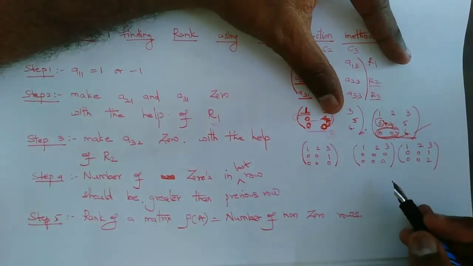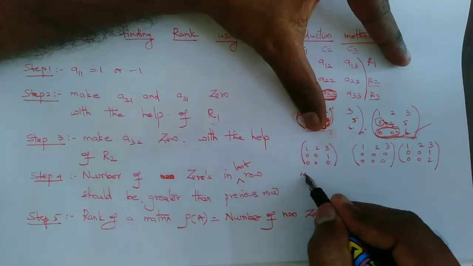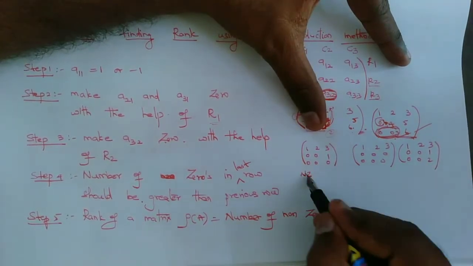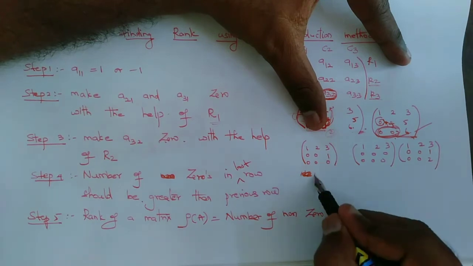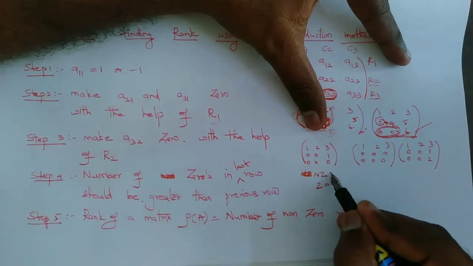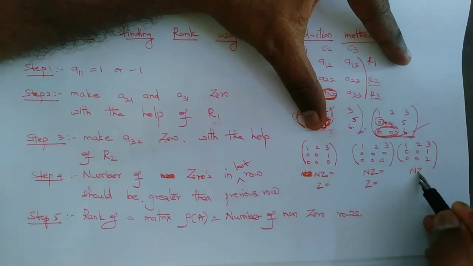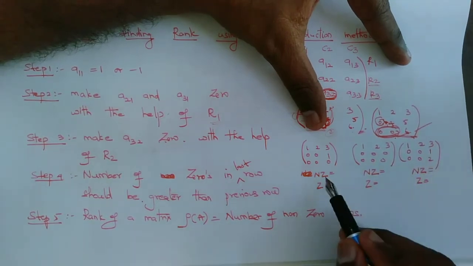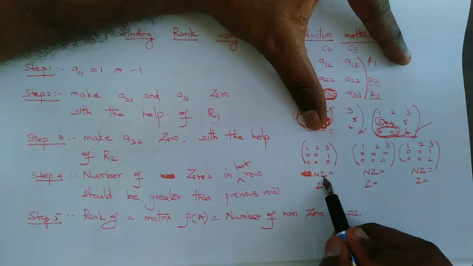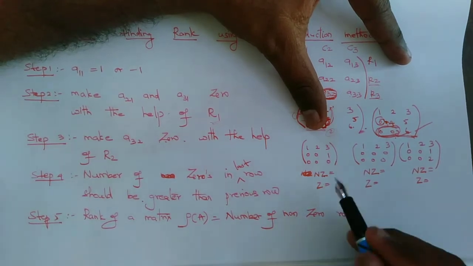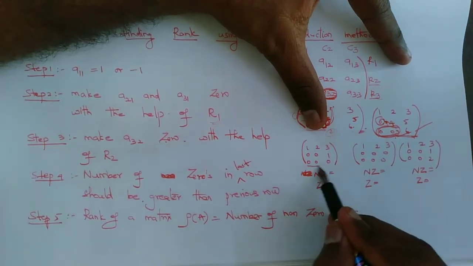What is meant by non-zero rows and zero rows? I am going to check. First I will check the zero row. Zero row means fully zero.